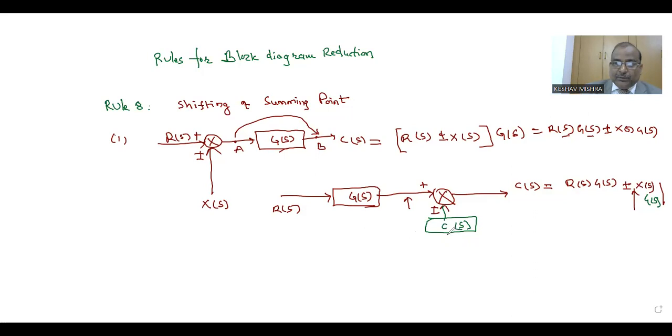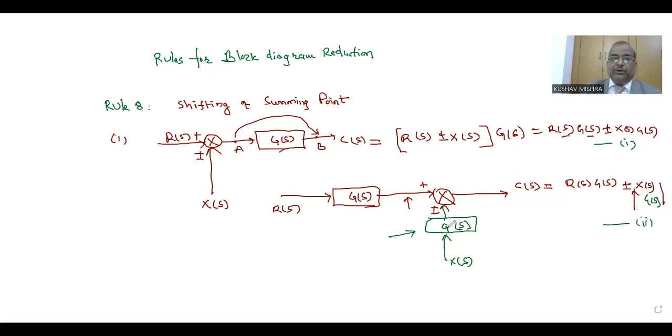It means we have to introduce an additional block with transfer function G(s), in order to maintain the output constant in case 1 and in case 2.